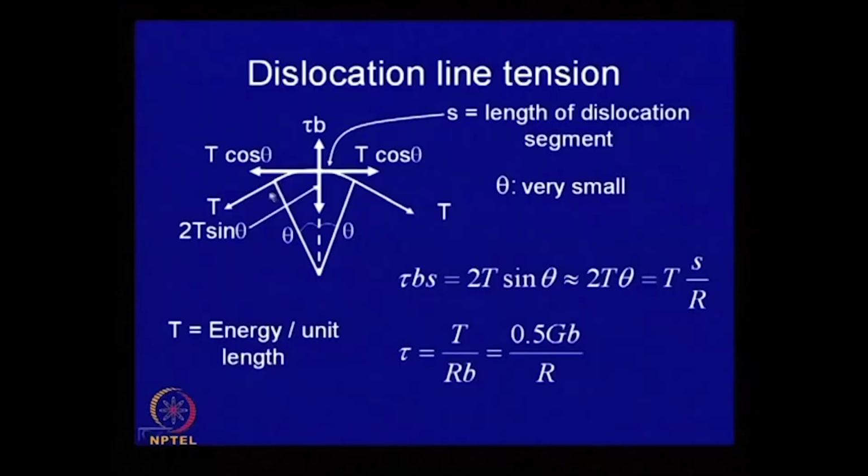We know that a dislocation has an energy associated with it. We can visualize this as a vibrating spring kind of thing. If you have an elastic string and you are pulling it, you can visualize a dislocation to be a similar line on which you are applying a tension.